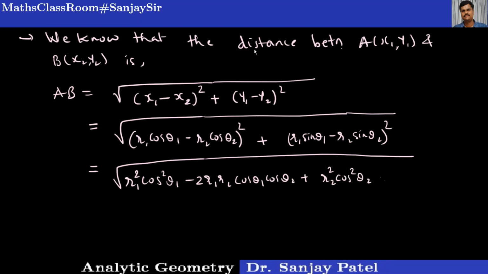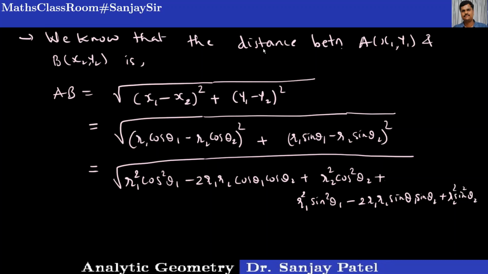Okay, then plus, I am writing in the square root only, r1 square sin square theta 1 minus 2 r1 r2 sin theta 1 into sin theta 2 plus r2 square sin square theta 2.